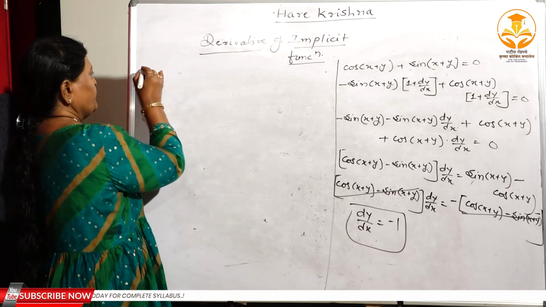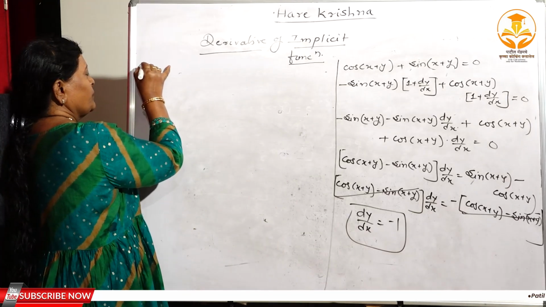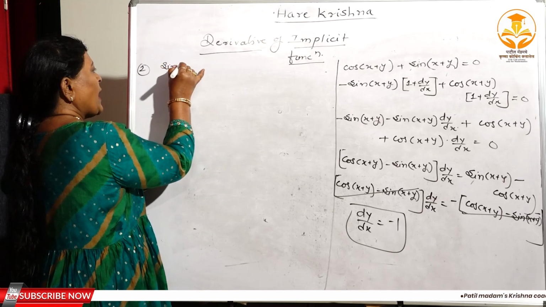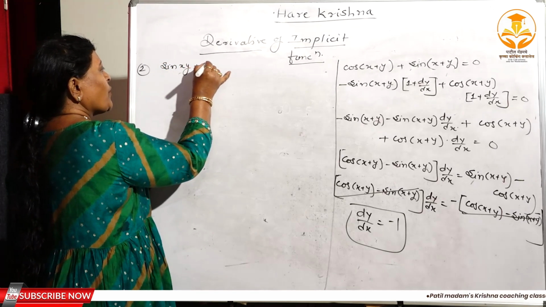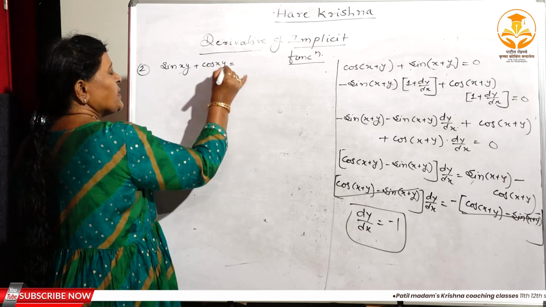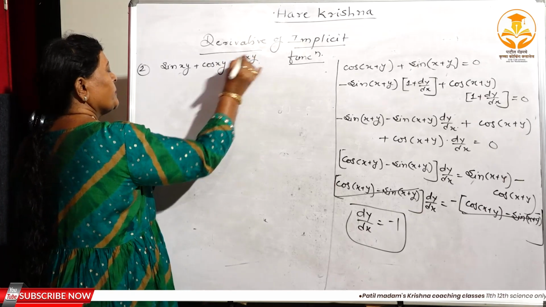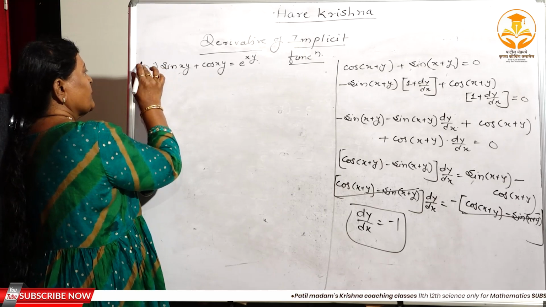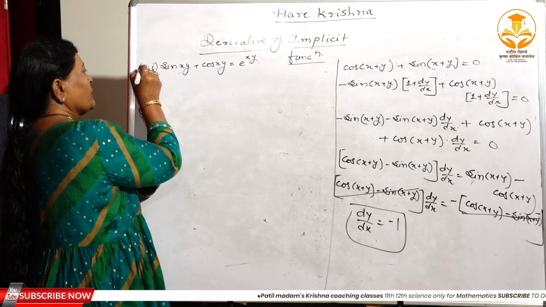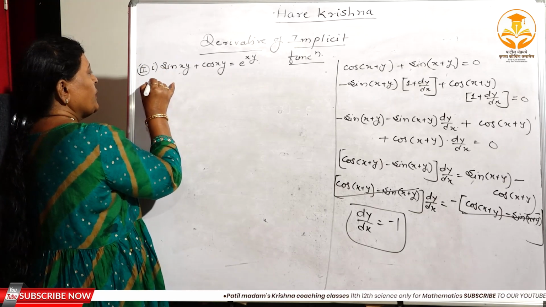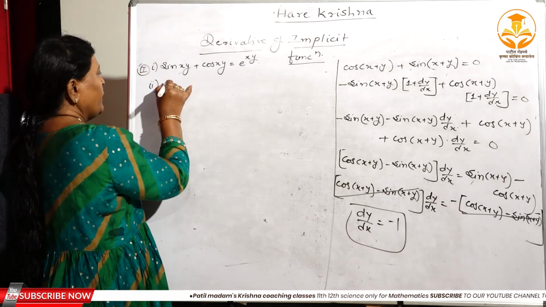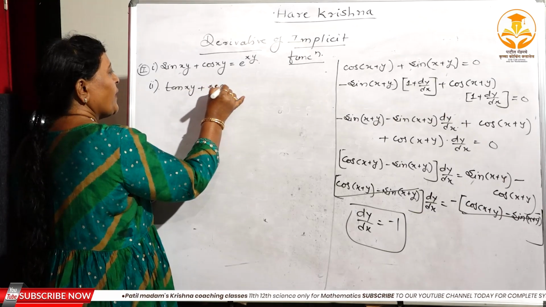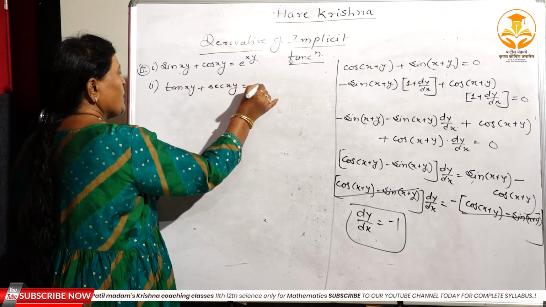See here, the second bunch. First one: sin xy plus cos xy equals e raised to xy. Second one: tan xy plus sec xy equals 0.